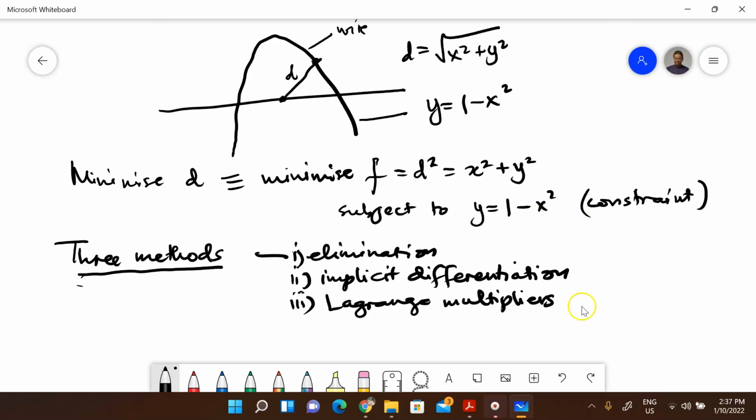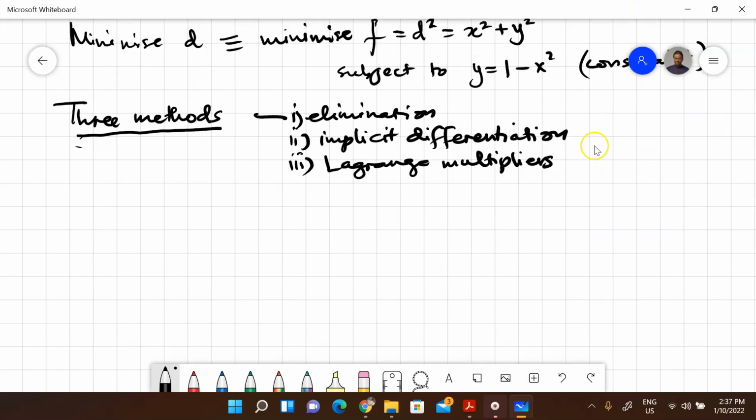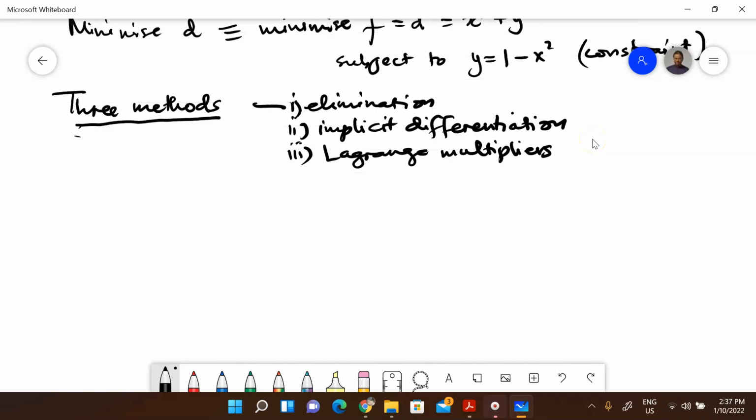Right, okay, let's do the first one. Let's do this quickly so that we get to the end of this chapter. So the first method, method 1, is to eliminate a variable. In this particular case, we eliminate y because y is given in terms of x.